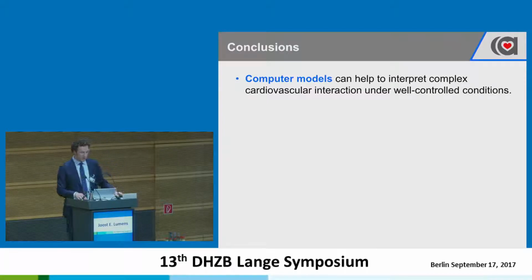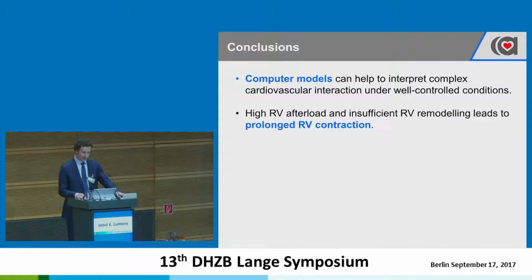So I want to conclude with that, and that is that computer models can help to interpret this. And referring to the introduction by Titus, I think that it is a great tool, and that the future potential of it is that it can help us to predict treatment effects, but there's still a long way to go for that.